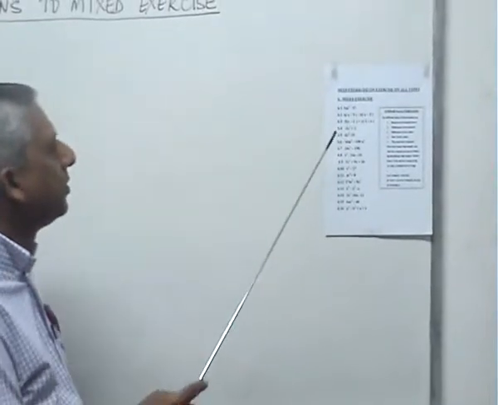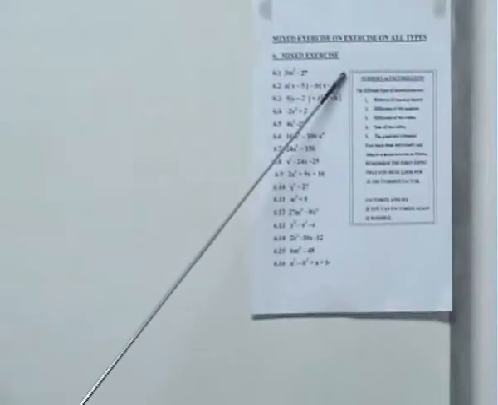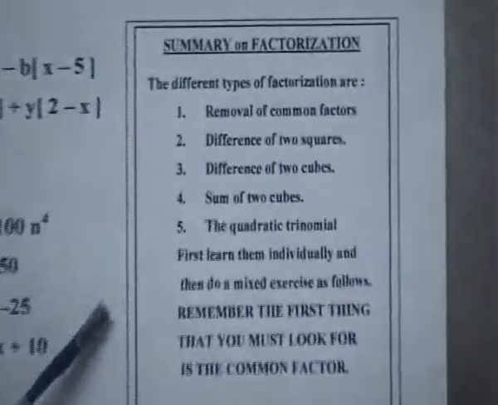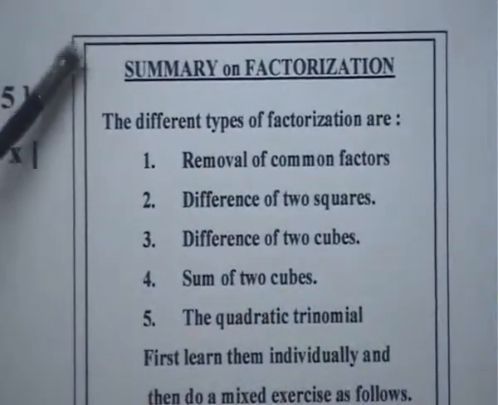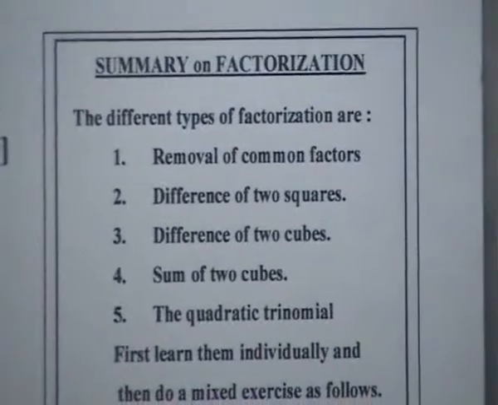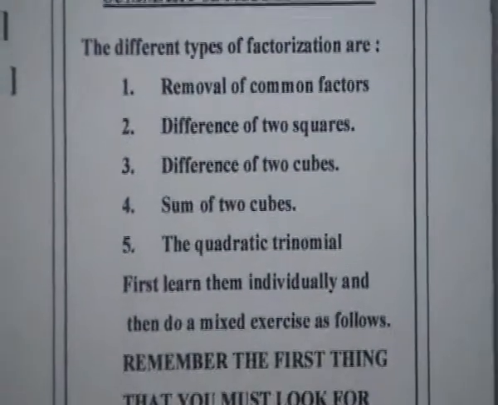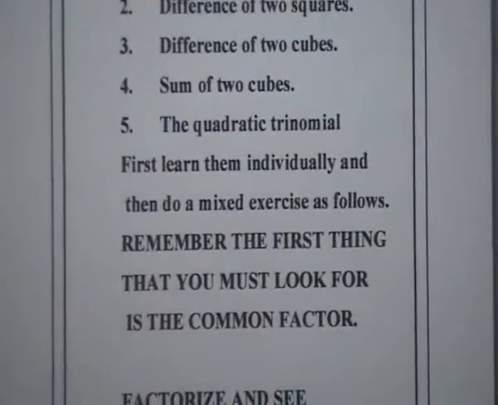So now before you work out the mixed exercise, you've got to remember to go through your summary and go step by step with the summary. So when you're doing any example in the mixed exercise, go through the summary, go step by step. Alright, so let's move on and let's try and work the solutions out.